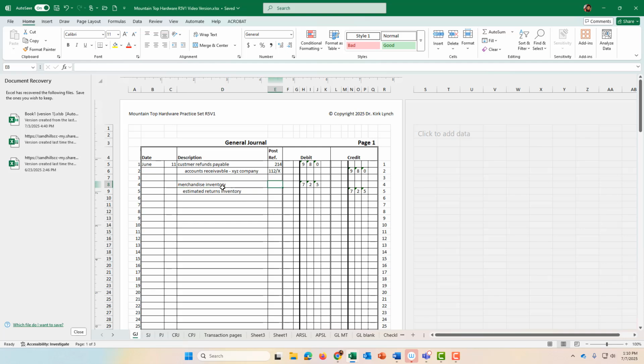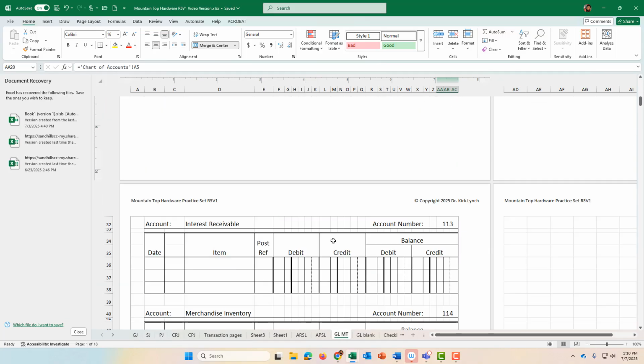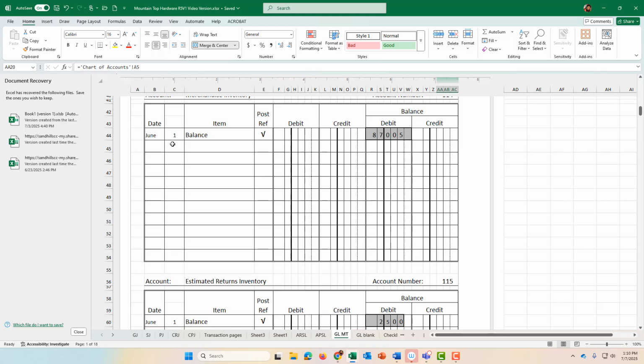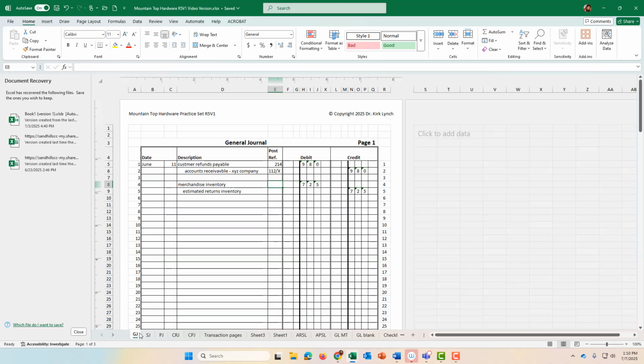We're going to go to merchandise inventory and post a debit for $725. So in our general ledger, we find merchandise inventory. It's right here. And so on the 11th, from our general journal on page 1, a debit of, I can't remember what it was, $725.